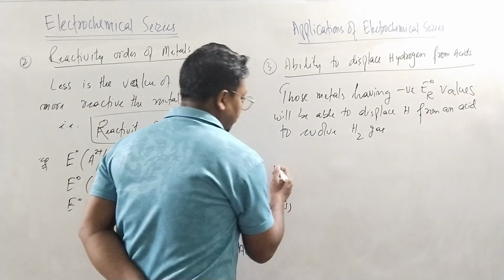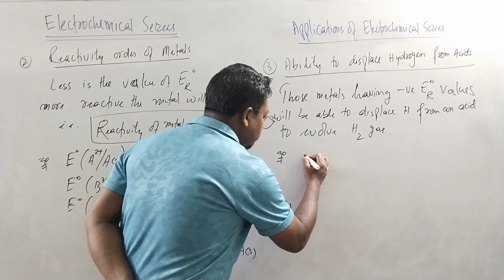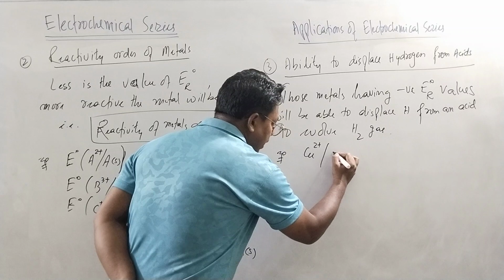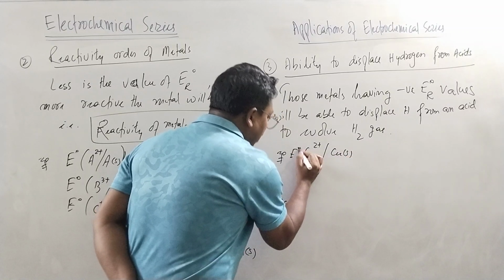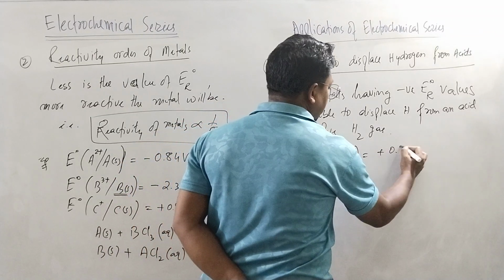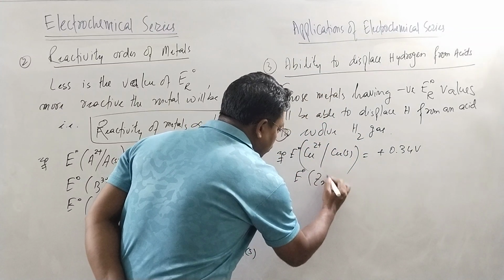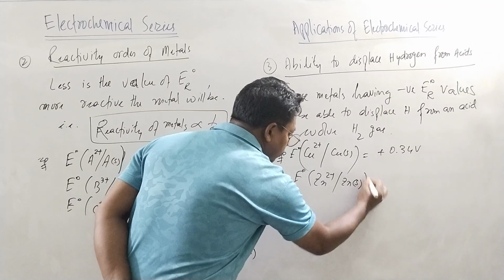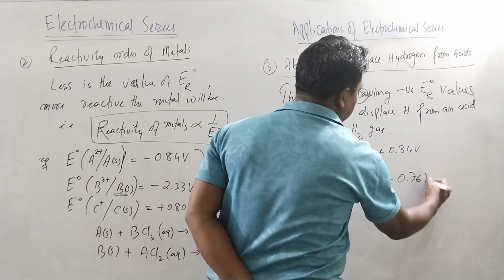Okay, for example, copper 2+ gains 2 electrons to form copper solid. So E naught R value of copper electrode is plus 0.34 volt, and E naught of zinc 2+ gaining 2 electrons to form zinc solid is minus 0.76 volt.